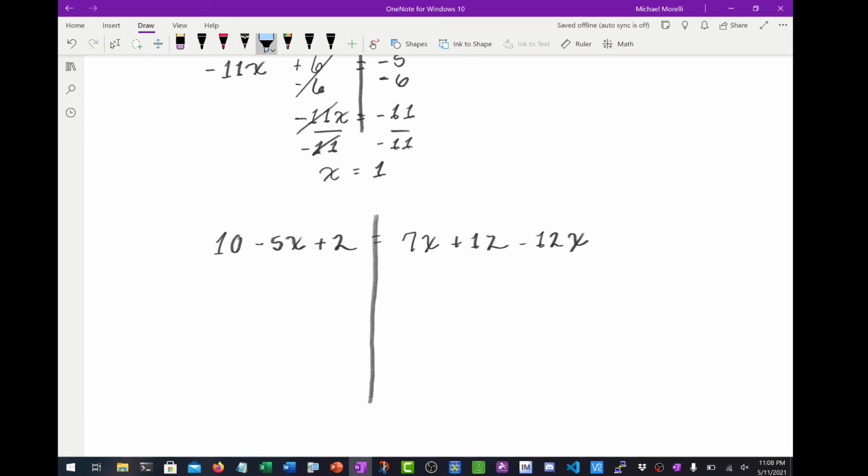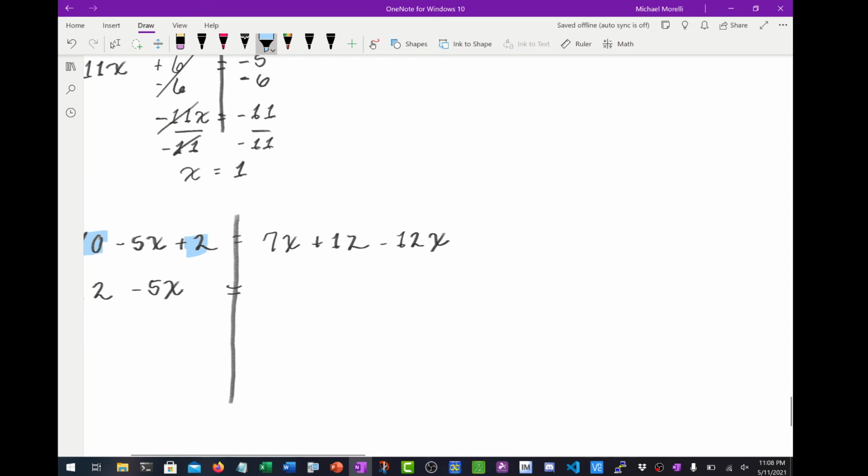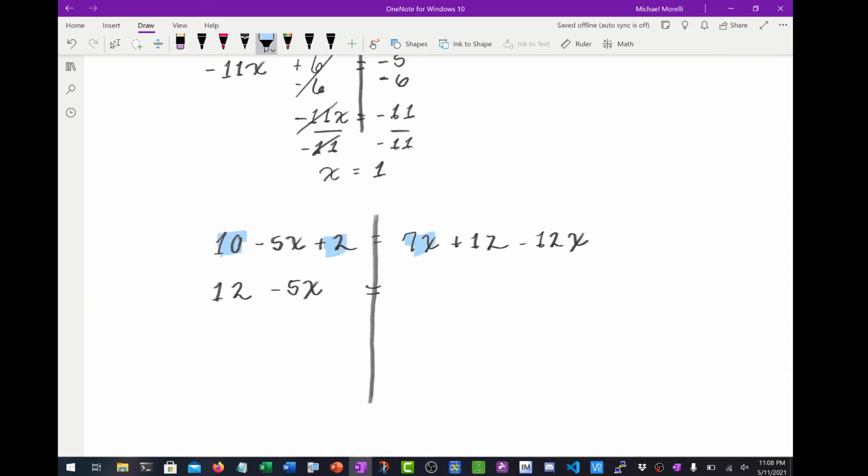Now, the first thing to do is to combine like terms. So I can combine the 10 and the 2. That would be 12 minus 5x equals, and then over here I've got the 7x and the negative 12x. So that will give me 12, and then negative 12x and 7x come together to be negative 5x.